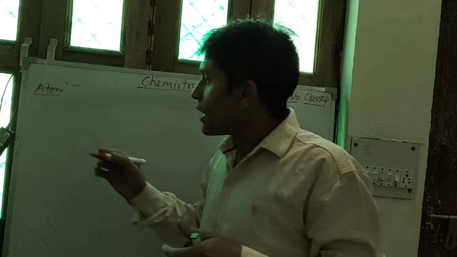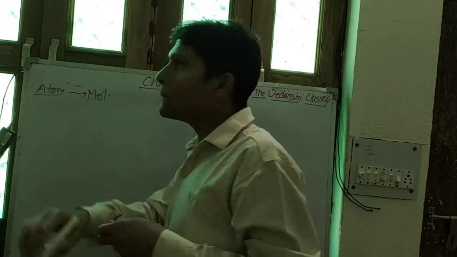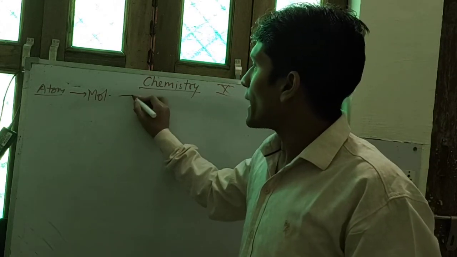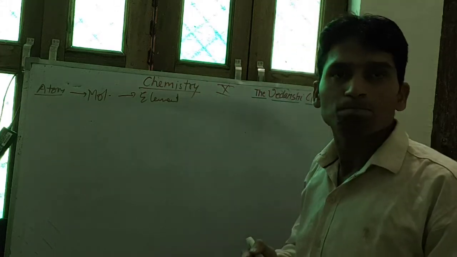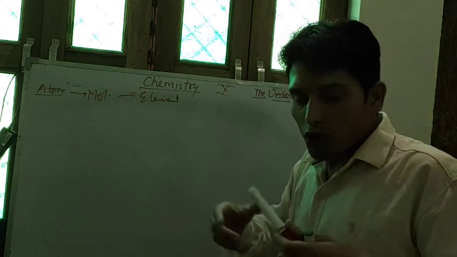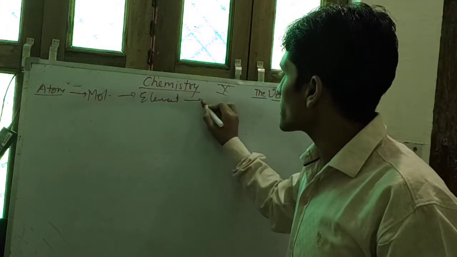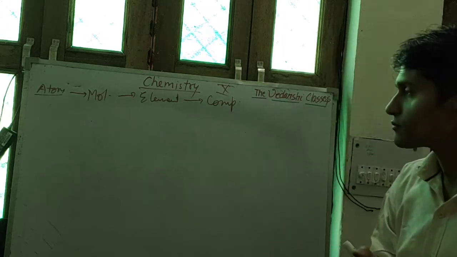Same types of atoms of an element form the molecules, and a group of molecules combined form the element, and two or more elements combined together in a fixed proportion by mass form a compound.